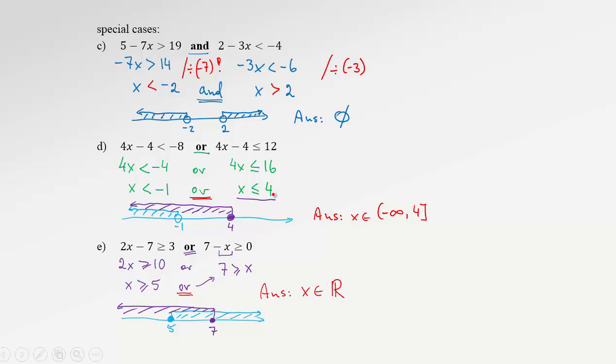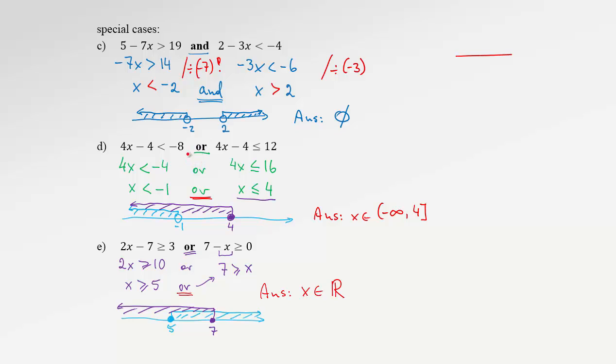Why I call them special? Because normally when you have a connecting word and, you would expect just one interval of some sort. But in this case, the overall answer is an empty set. So this usual overlapping segment simply disappeared. There wasn't anything overlapped.